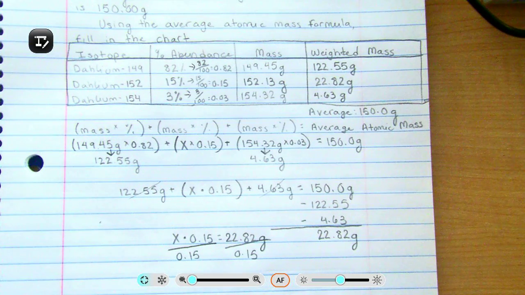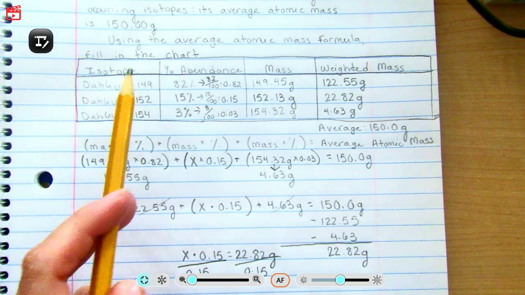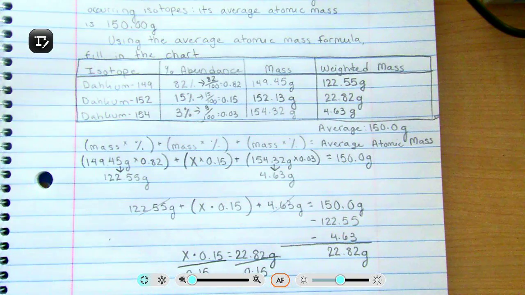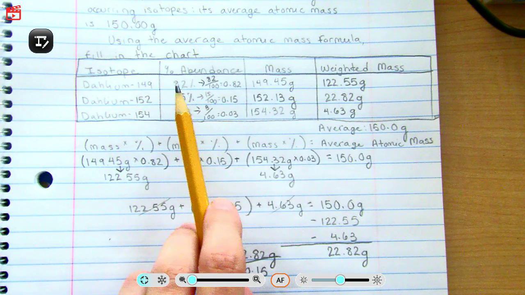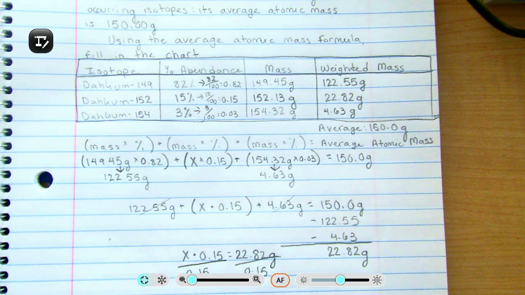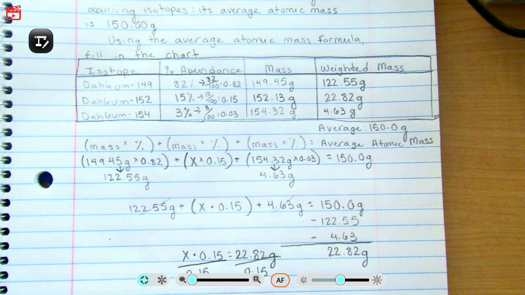So we know that our most abundant isotope is going to be closest to 150. If we look at our isotopes, 149, 152, and 154, dolium-149 is 82% abundant. That is the closest number to 150.